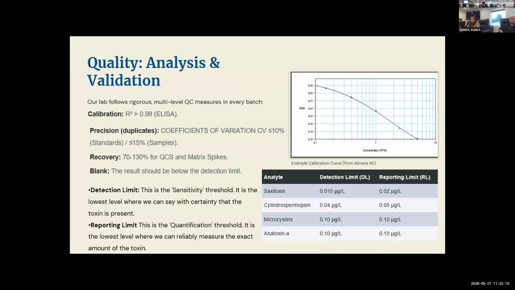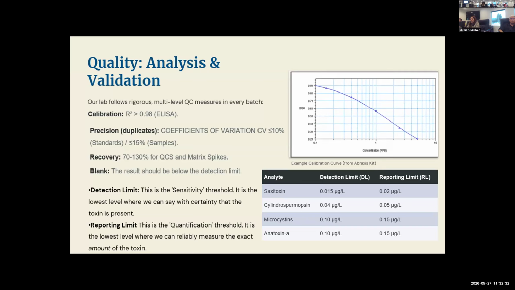Additionally, we ensure precision with a coefficient of variation of less than 10% for standards and 15% for samples. And this low CV percentage is fundamental as it confirms the repeatability of our analysis, guaranteeing that results do not vary due to handling or instrumental errors.